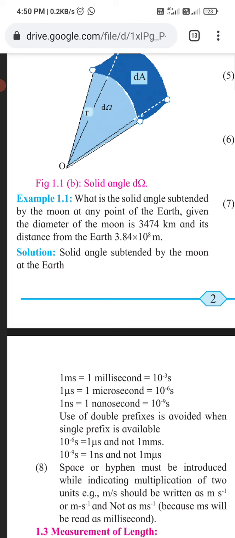A space or hyphen must be introduced while indicating multiplication of two units. For example, meter per second should be written as m s^-1, not m-s inverse, or as ms^-1, because ms will be read as millisecond.